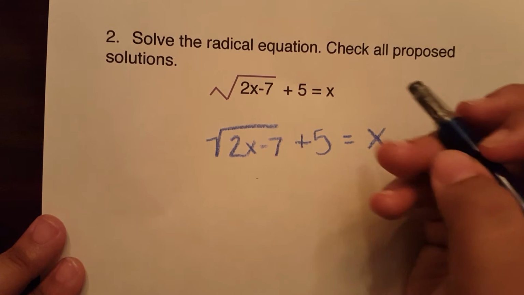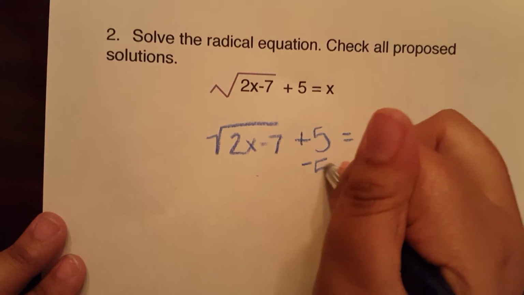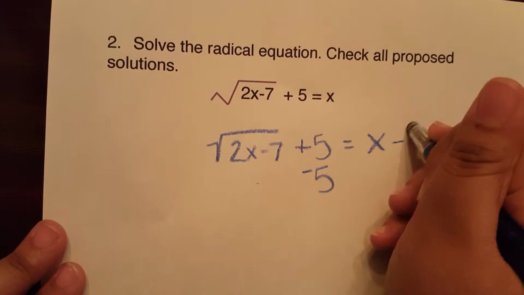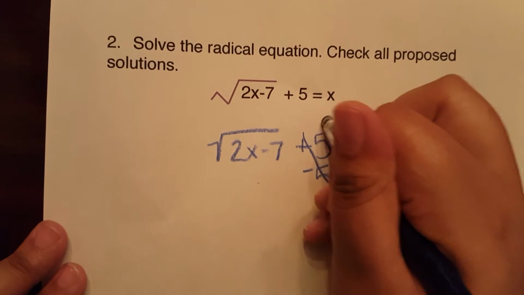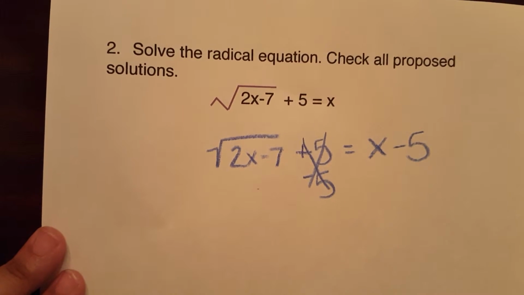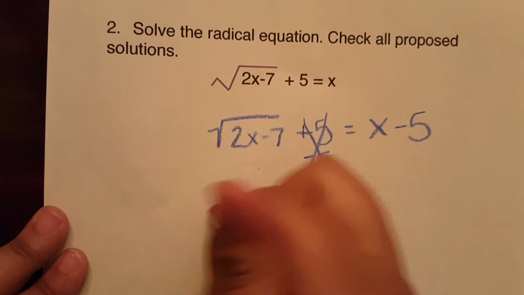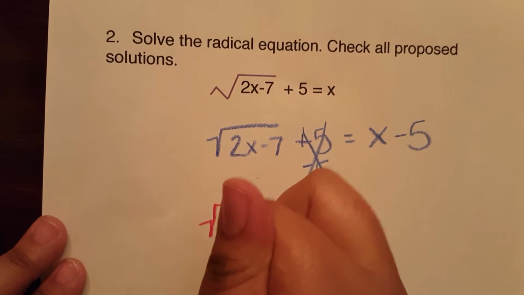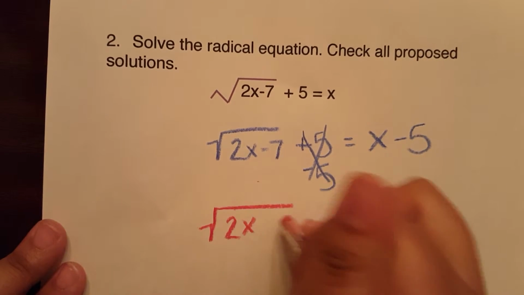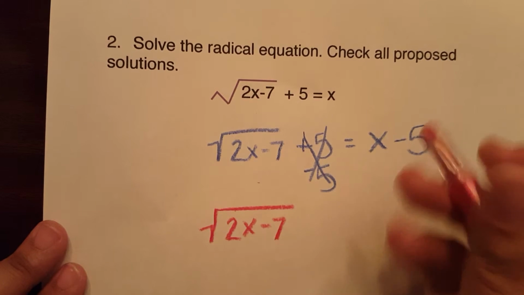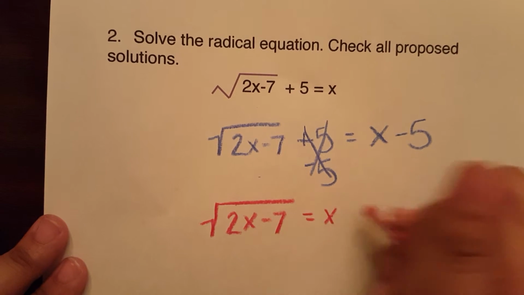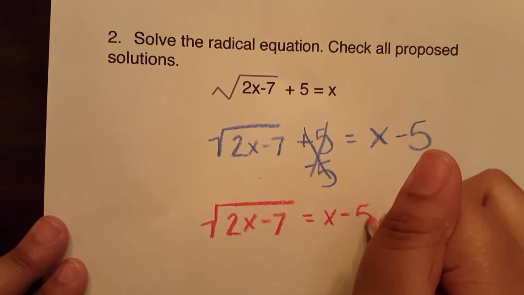So we need to minus 5 on both sides. So that'll cancel out. So it'll be square root of 2x minus 7 equals x minus 5.